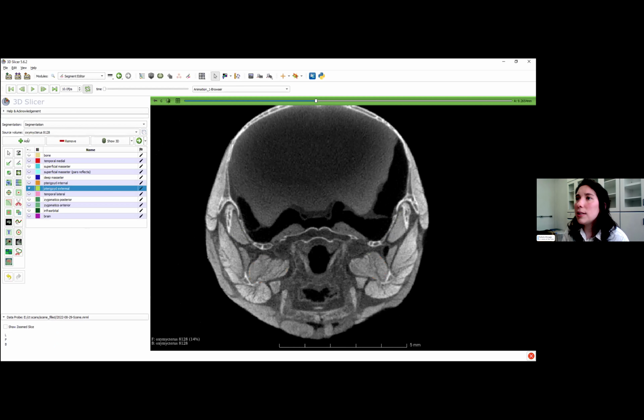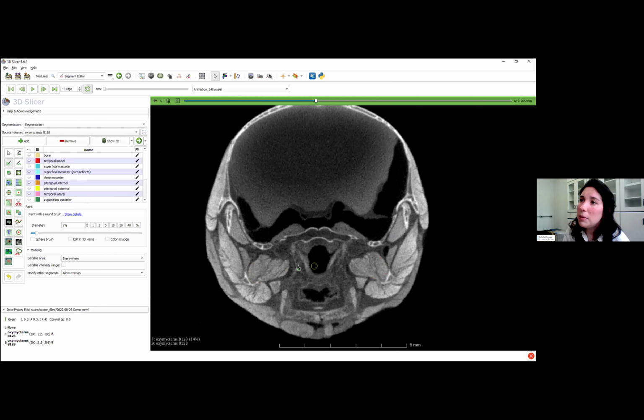And just so you see, if you want to segment another muscle, we can just add another segment, as you can see here, Segment 3, and use one of the tools. The simplest one would be painting, and you just paint over it to tell the software that this part here is what I want to see in the final 3D model.